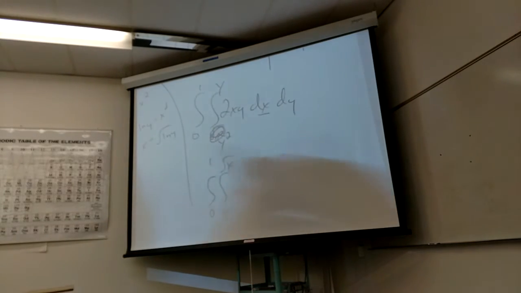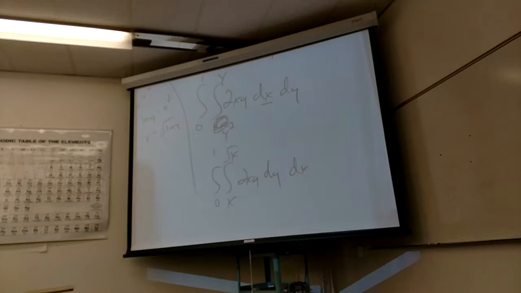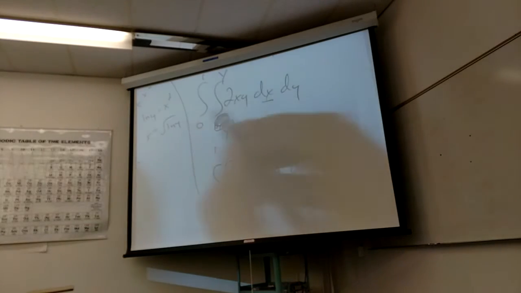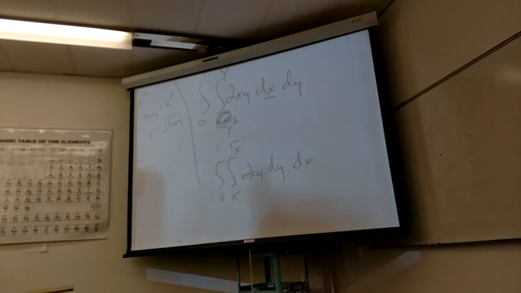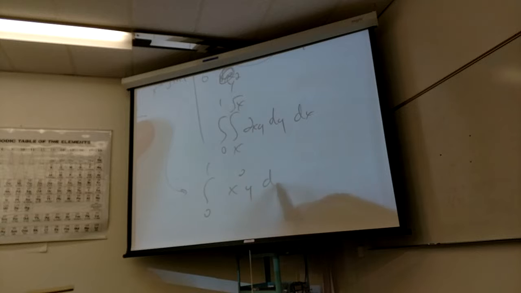So whichever way you do it, did I finish this? I don't think I finished it. If I do it this way, integrating dx, the inside becomes x squared y dy, and I want to evaluate that from y squared to y.